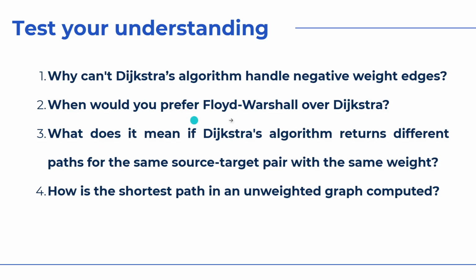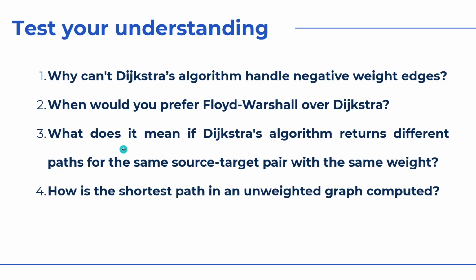And then, when would you prefer the Floyd-Warshall algorithm over Dijkstra? The Floyd-Warshall algorithm is an algorithm for all pairs shortest path. As I said, Dijkstra's algorithm can be used for that problem, but it has to run n number of times. Rather, it is better that you go with the Floyd-Warshall algorithm, which is specifically for all pairs shortest path.